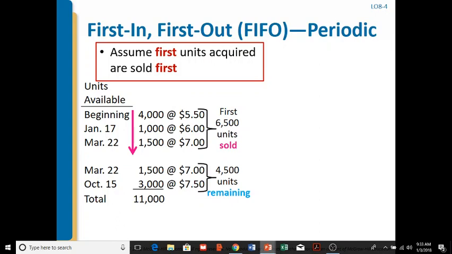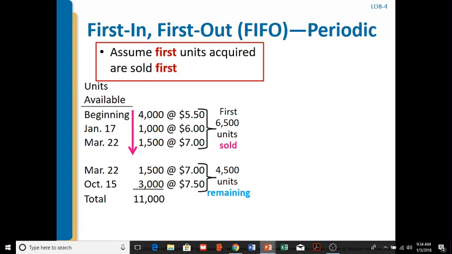And so you're going to start at your beginning inventory, and you're going to take each layer out, the number of units sold in each layer. And if the amount that you sell is more than a layer, you go to the next layer until you come up with the total number of items sold.